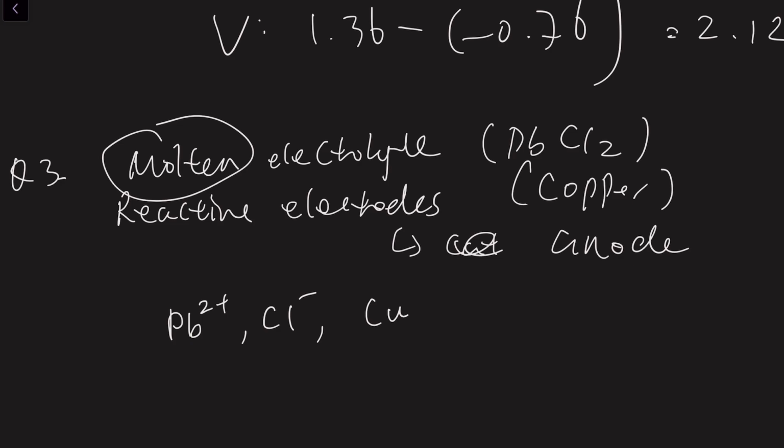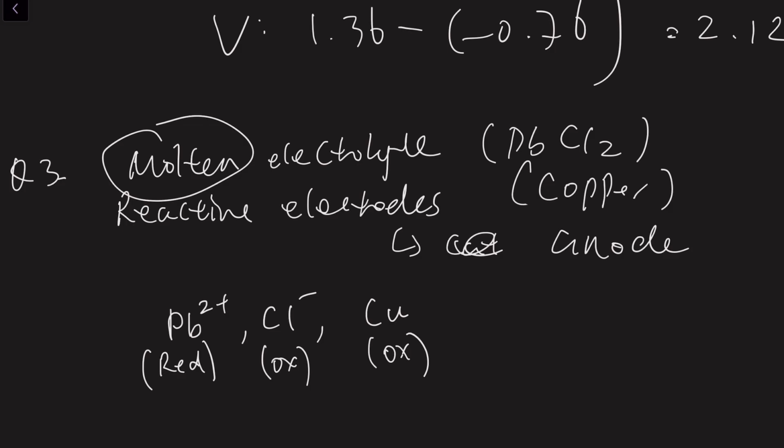The lead ion, because it's already in the ion form, can really only undergo reduction. The chloride ion can undergo oxidation and cannot undergo reduction. And the copper metal can undergo oxidation at the anode. So that's everything we have present.